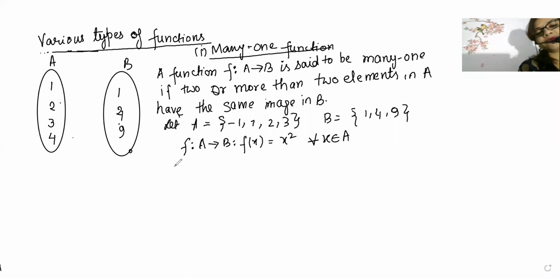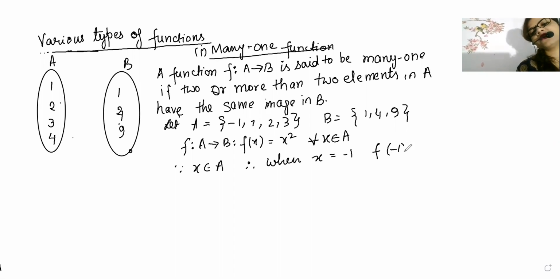Since x belongs to A, when x is equal to -1, f of -1 will become (-1) whole square. So when the pre-image is -1, meaning when the domain element is -1, then the image is 1.